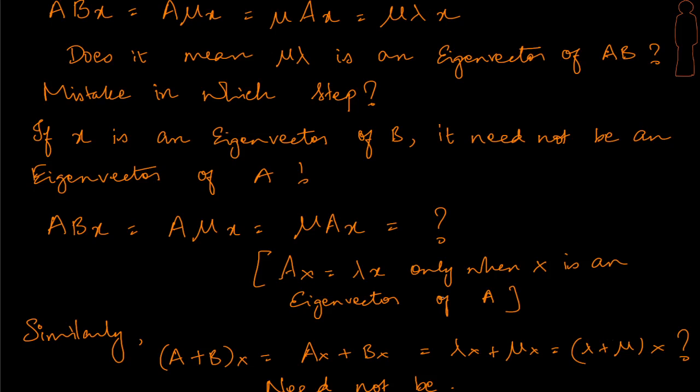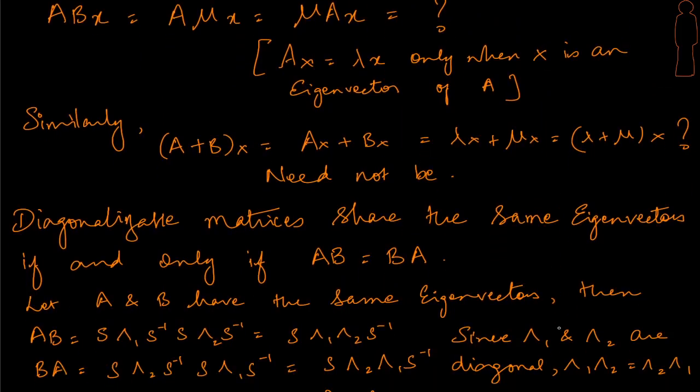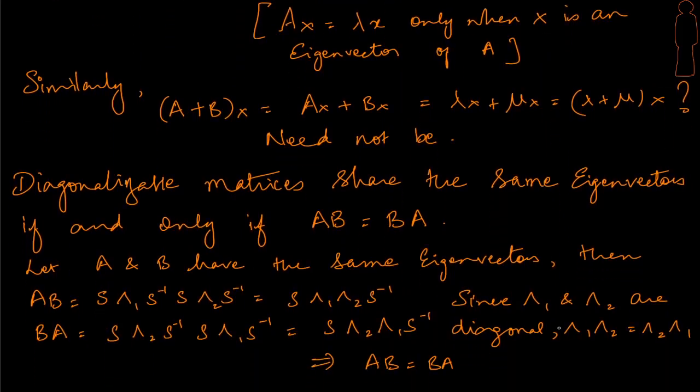Alright, so that's what we have with respect to AB and A plus B. Now, is there something more that we can really prove? Right, that's a very important proof that we are looking at here. We are saying that diagonalizable matrices, the moment I say diagonalizable, you must understand that each of them has n linearly independent eigenvectors, share the same eigenvectors if and only if they commute on their product.